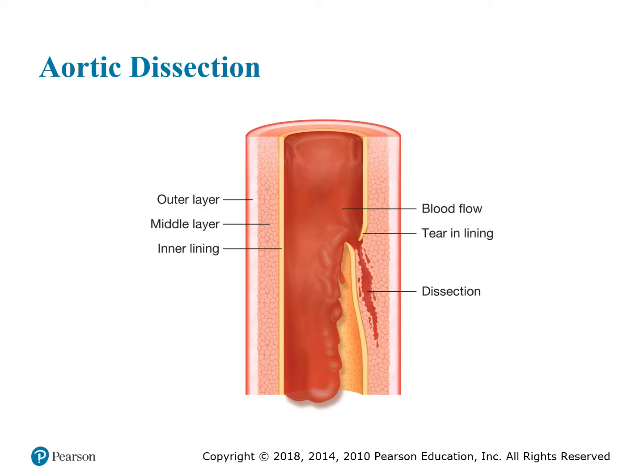Here's another slide to give you a visual representation of what I'm talking about. The dissection there, you have a tear in the lining, and as blood keeps pumping through, it gets in between that tear, making it worse and almost ripping the artery apart.